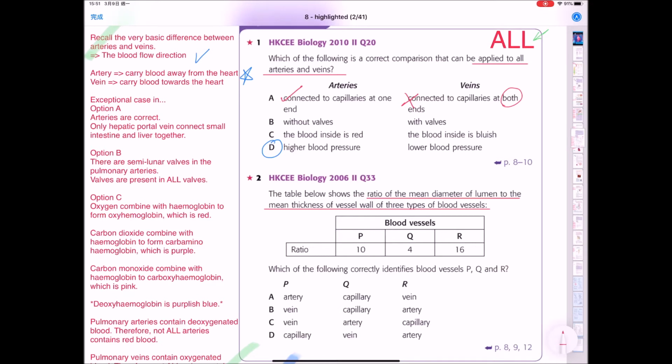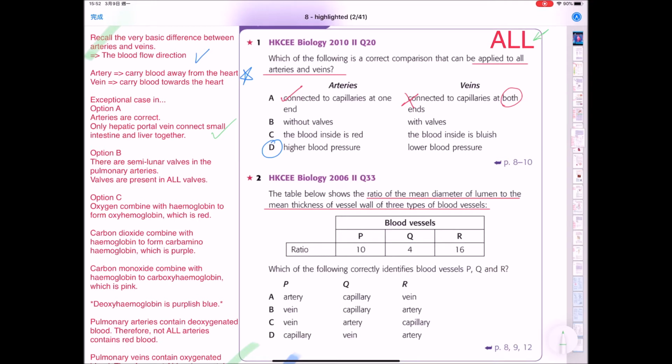This is only correct for the hepatic portal vein, which connects capillaries at one end in the small intestine and the other end in the liver. For other common veins, for example the pulmonary vein, there is only a network of capillaries in the lungs, and then they join back and go to the heart. That means only one end, in that particular organ.